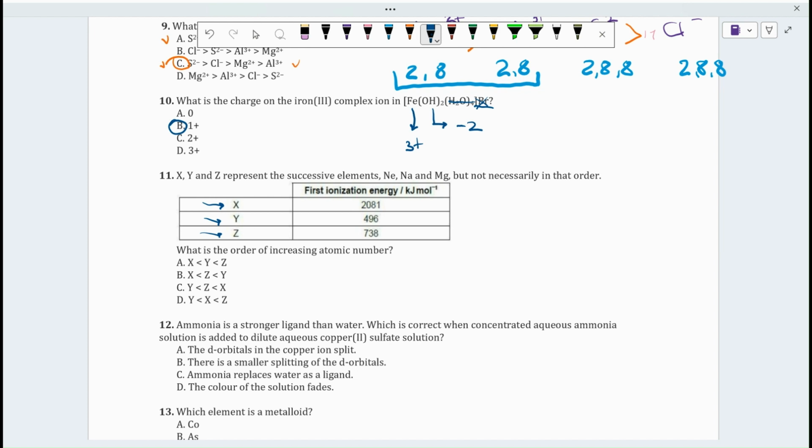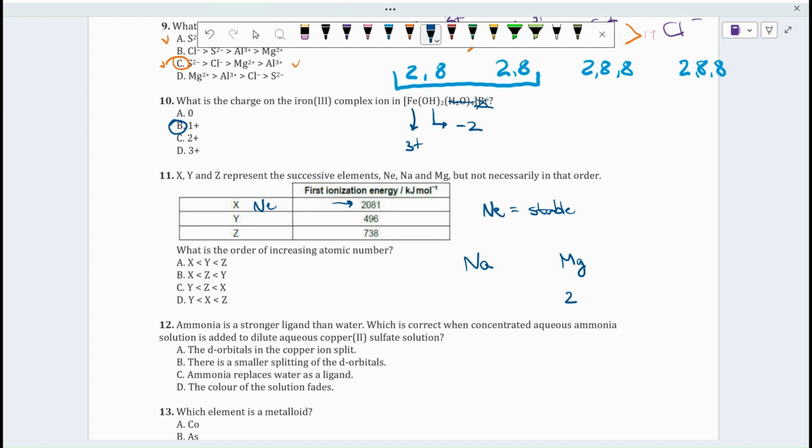So the highest ionization energy means the highest energy required to remove the outermost electron. That would be neon. Why? Because neon is stable. Neon is happy. It's got a full outer shell. So it's going to require a lot of energy to remove one electron because it's making neon unhappy. So we know that X is neon. Then we have sodium and magnesium.